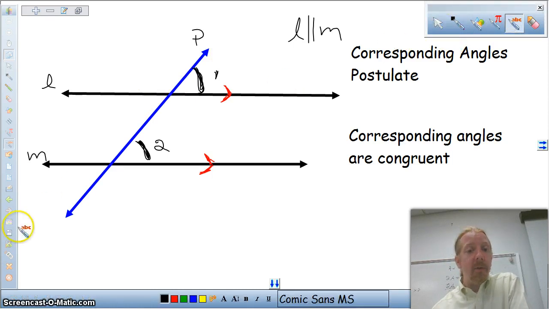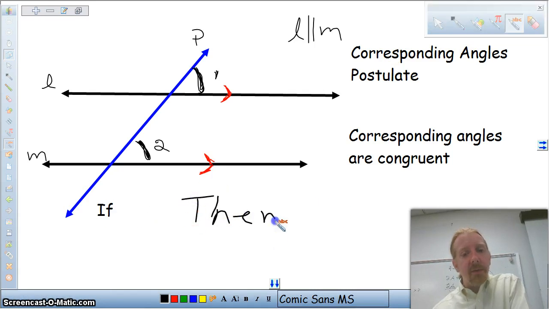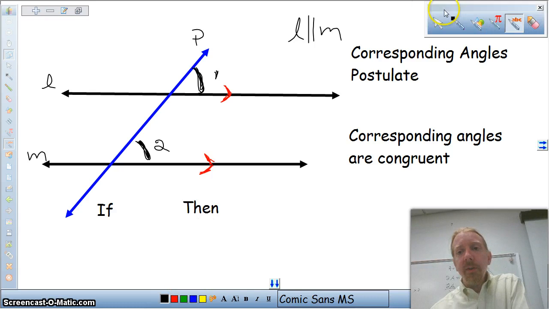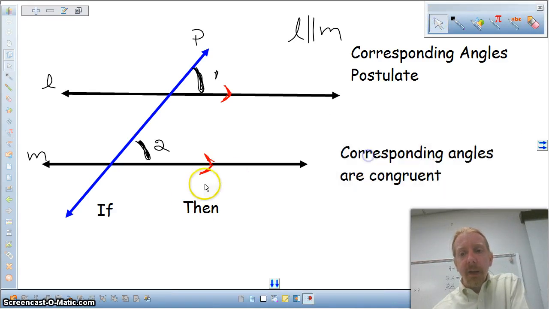Now, another comment about all the theorems and postulates we're going to cover. They can be written in the form of if-then statements. Conditional statements, where we started our unit off. So let's add the words if and then onto our statements so far.